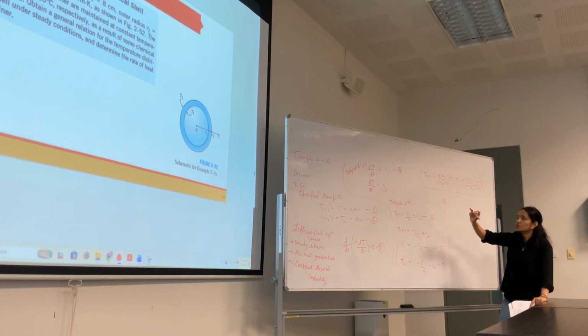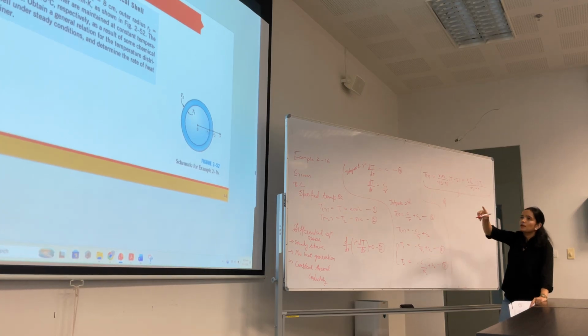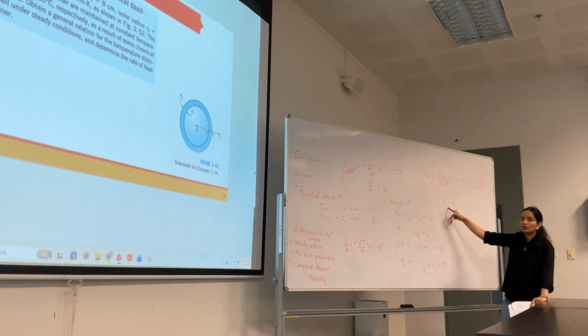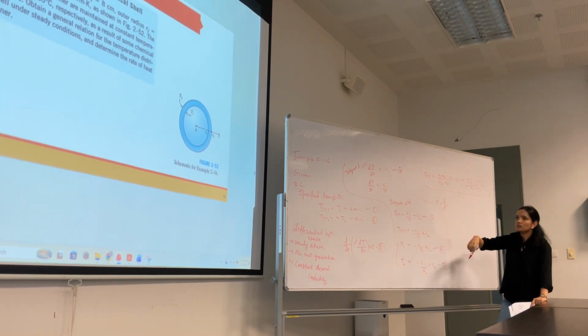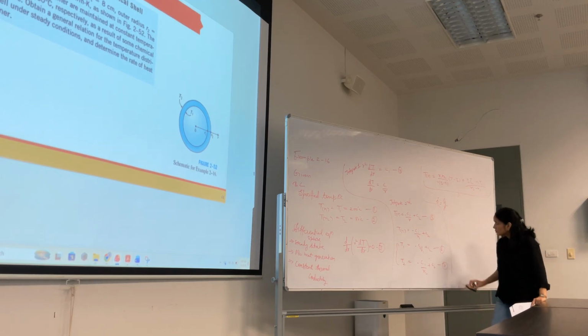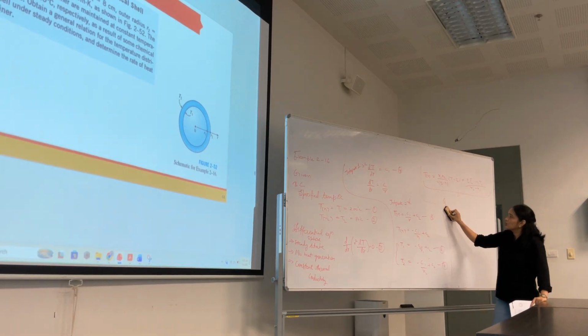So this question is asking heat loss. Heat loss in this case is by conduction, so Q. If you divide it by A, it becomes heat flux. Right now they are only asking Q.